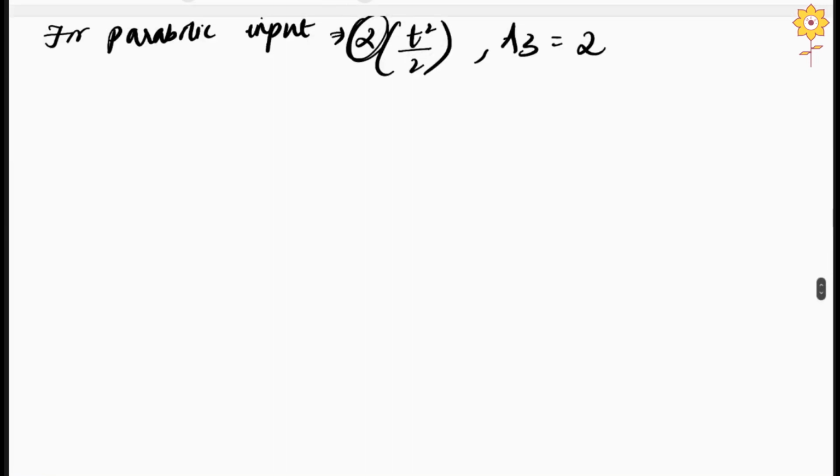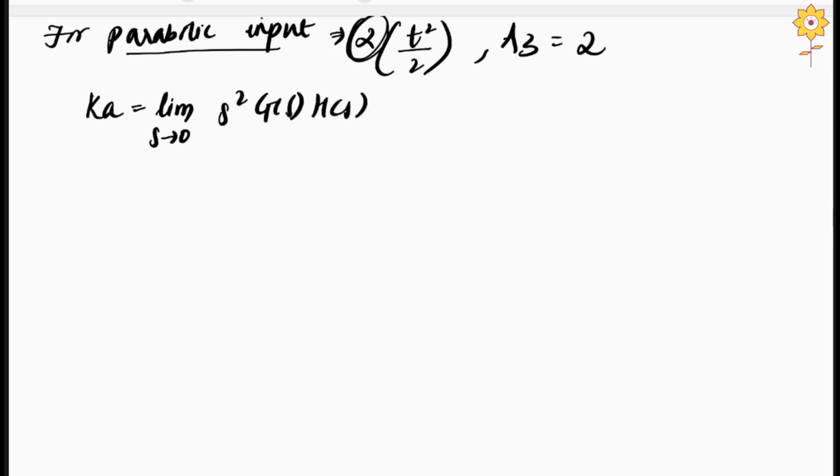So, here in case of parabolic input, acceleration error coefficient, that is Ka, will control the error. So, the formula of Ka is known to us. So, let us write it down and try to solve it. We will substitute the value of g of s, h of s in this equation, correct.